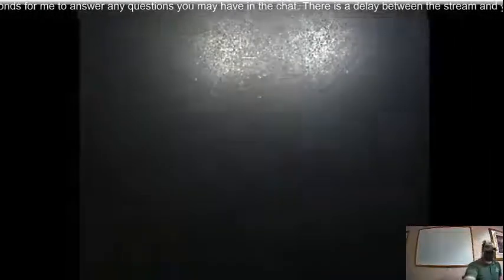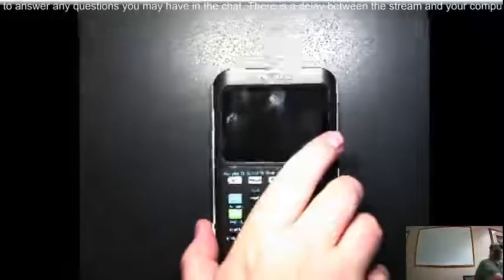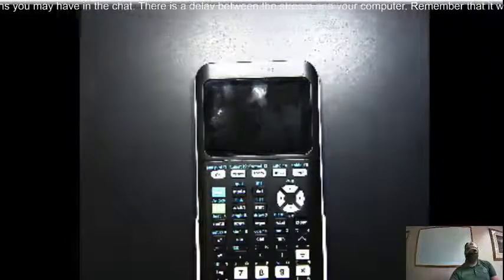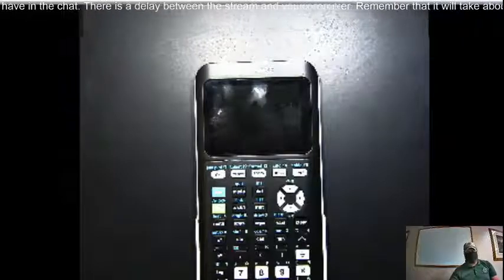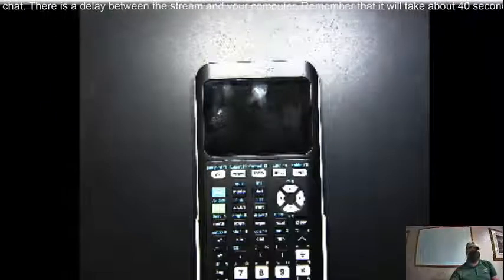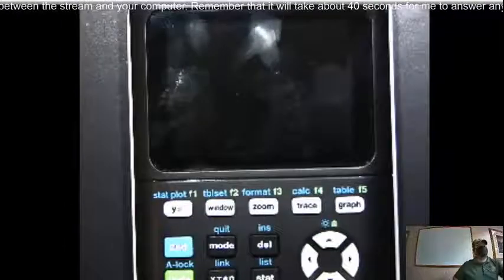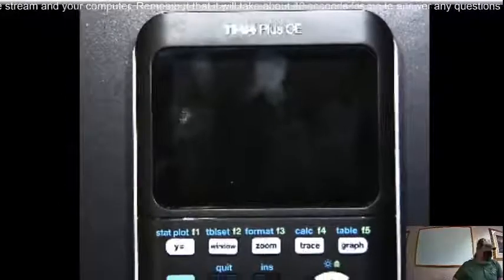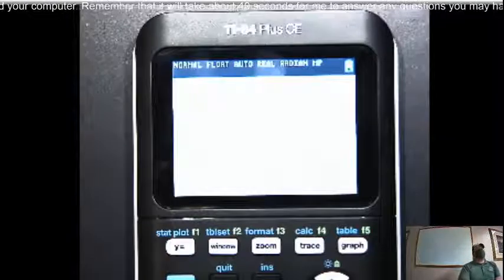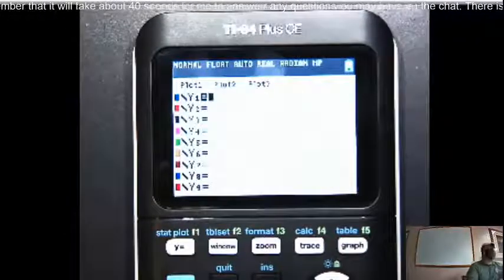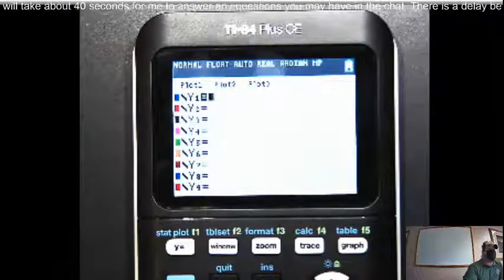So let's take a look at some functions. Again, we're going to be using the calculator to graph these because it's very fast and easy to do. Okay. So let's start off with a basic function.